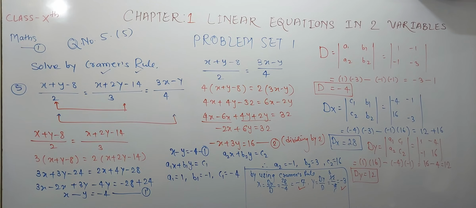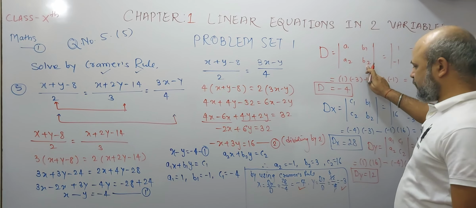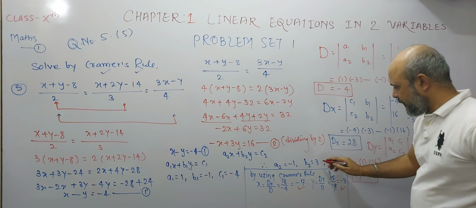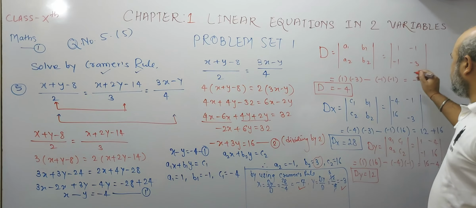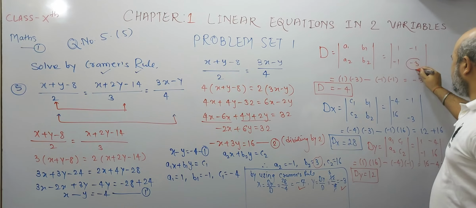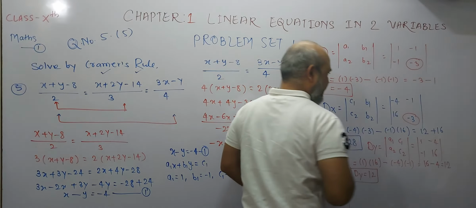Okay students, one important correction. The value of b2 is plus 3, and by mistake I have taken minus 3 here.